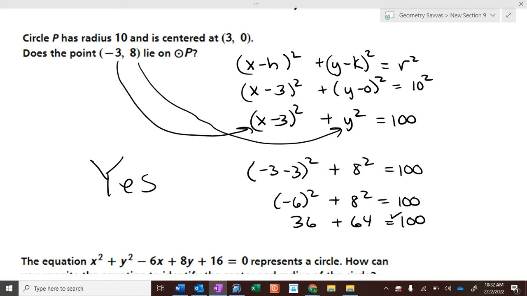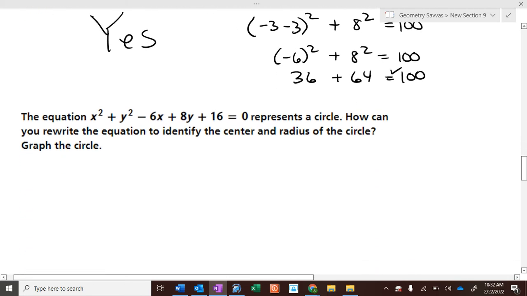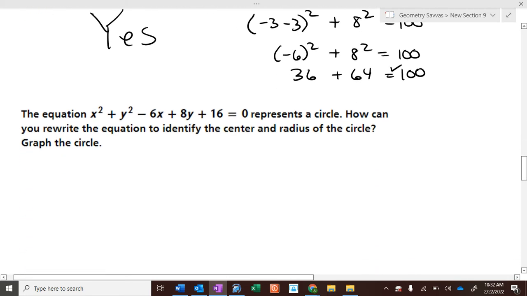Okay, now for something just slightly more difficult. It's called completing the square. This equation represents a circle. How do we rewrite it to identify the center and the radius of the circle? So how we rewrite it is we get the x's together. So we say x squared minus 6x plus blank. The plus blank is important.